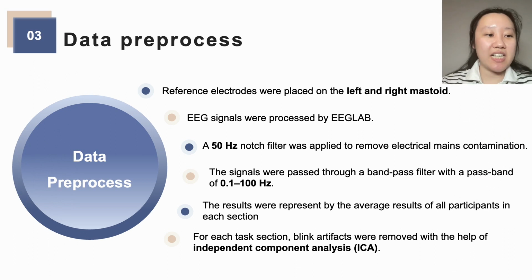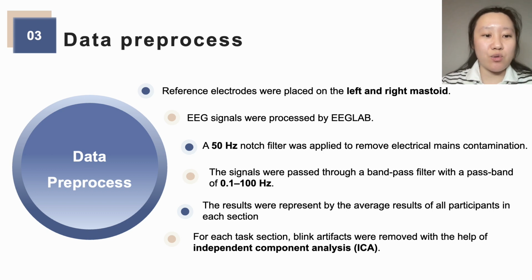After collecting the data, we need to pre-process it. First, we ensured the reference electrodes were placed on the left and right mastoid, and the EEG signals were processed by EEGLAB, which is a plugin belonging to MATLAB. Then we put the EEG signals through a 50 Hz notch filter to remove the electrical artifacts.